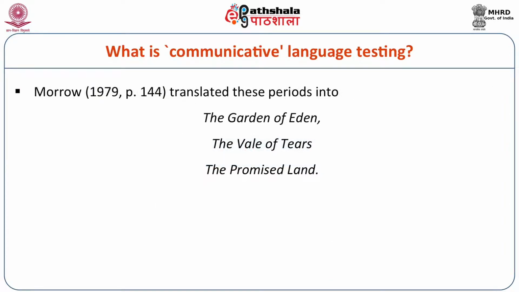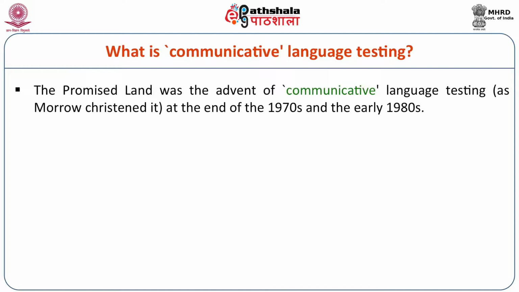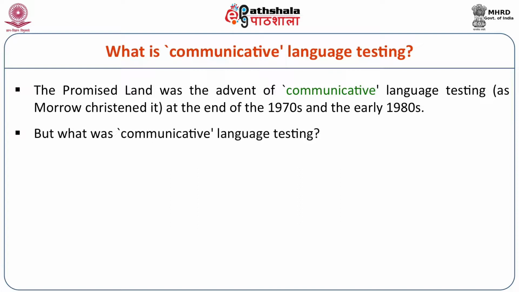Now, Morrow is a great researcher in the field who translated these periods into the Garden of Eden, the Vale of Tears, and the Promised Land. The Promised Land was the advent of communicative language testing, as Morrow said, at the end of the 1970s and the early 1980s. But what was communicative language testing?